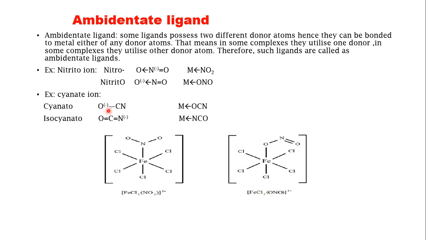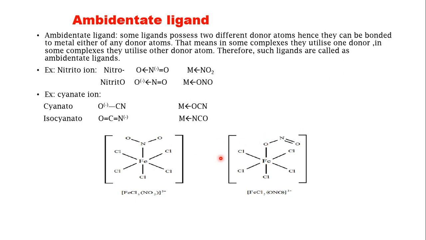One is OCN minus, where it can bond with oxygen, and isocyanate, where the ligand can bond to the metal center through nitrogen. Consider this example as shown below, where NO2 has been used as a ligand, where in the first complex it is bonded with the nitrogen center, while in the second one it is bonded with the oxygen center.